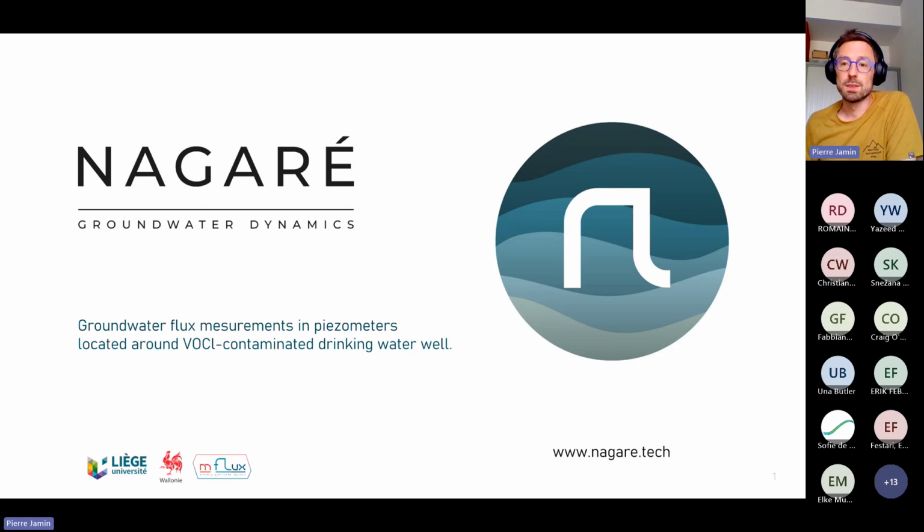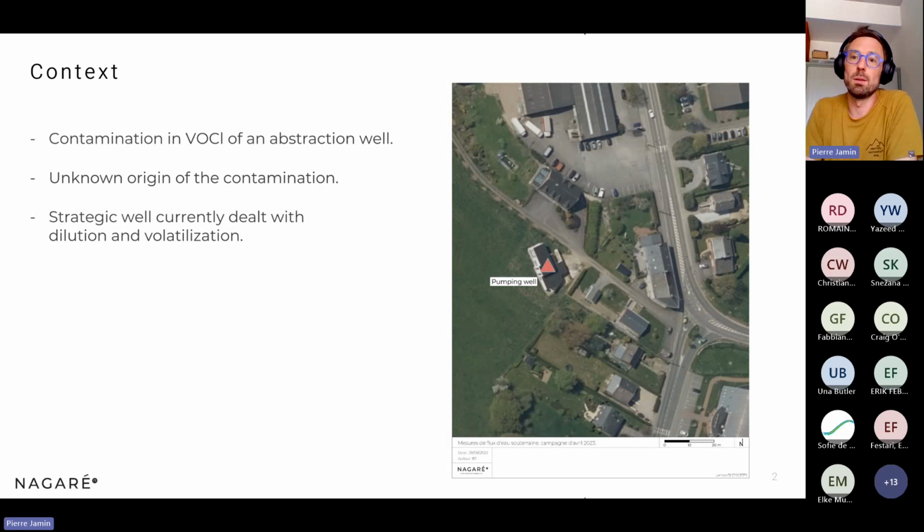In the case I'm presenting today, I will talk about a contaminated drinking water abstraction well. We are here in Belgium in an aquifer made of sandstone and limestones. Such aquifers are usually good drinking water resources, except, of course, when they are contaminated with industrial pollutants. Here the drinking water abstraction well of interest is contaminated by chlorinated solvents.